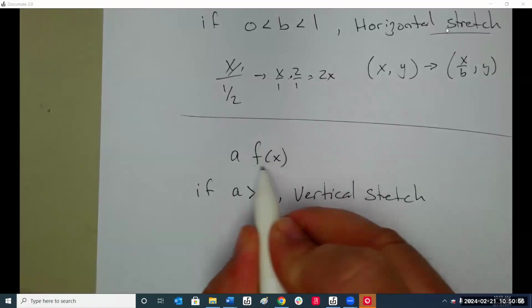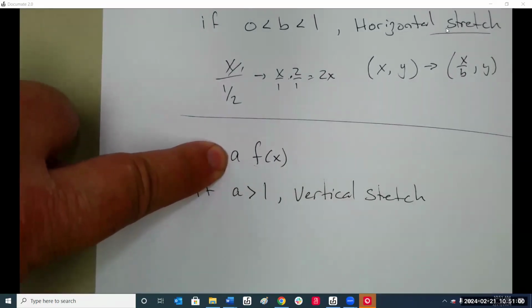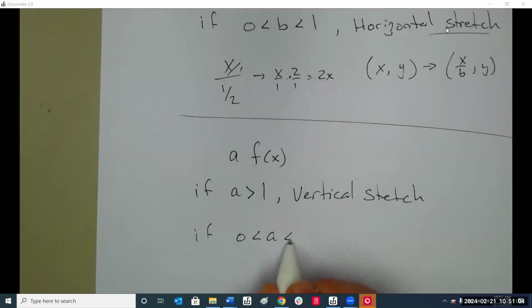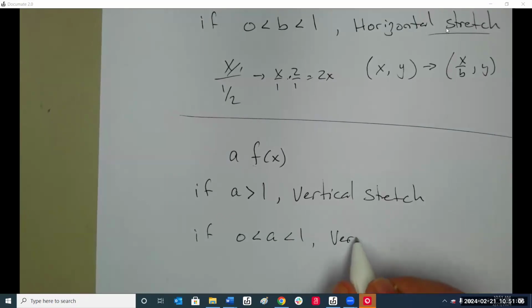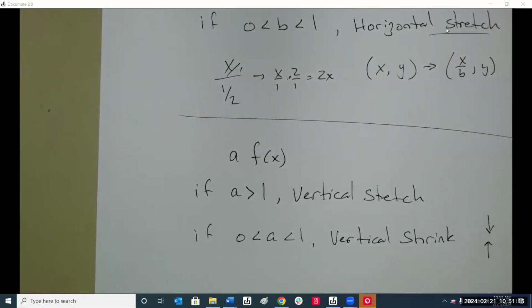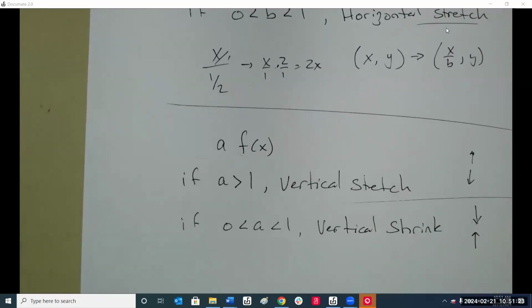Because whatever the answer is, you multiply by the coefficient. So the y value goes up higher now. If a is between 0 and 1, then it's a vertical shrink or a compression. It pushes down. So the stretch pulls apart and the shrink pushes together.